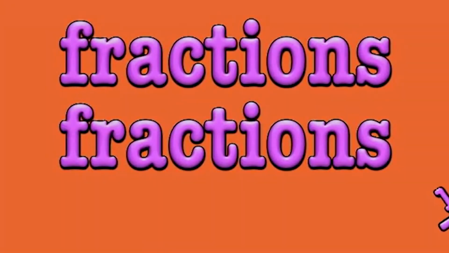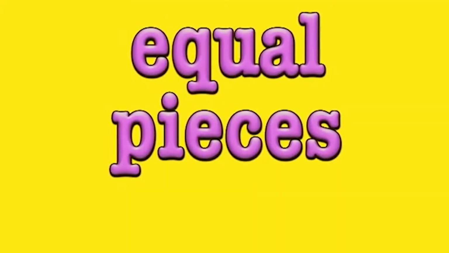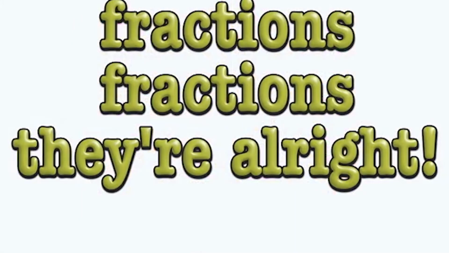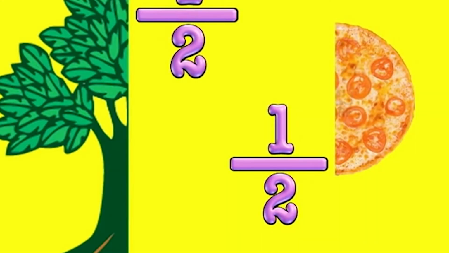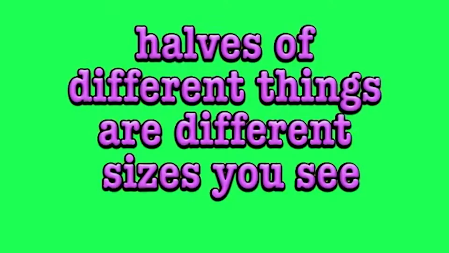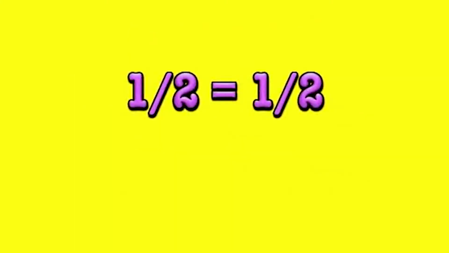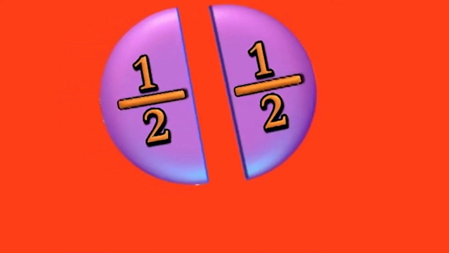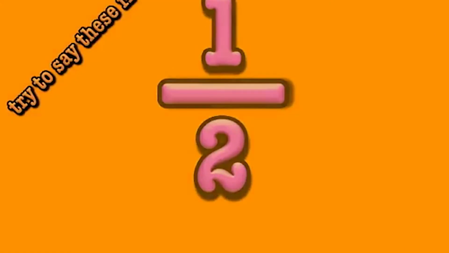Fractions, fractions, they're parts of a whole. Fractions, fractions, they're what I know. They're equal pieces, they're parts of a pie. Fractions, fractions, they're alright. Half a pie, half a tree. Halves of different things are different sizes, you see. But a half is a half, big or small. It takes two halves to make one whole. Fractions are equal-sized parts of a whole. When it comes to halves, there are two equal-sized parts that make up one whole. Now try to say these fractions. 1/2, 1/3.